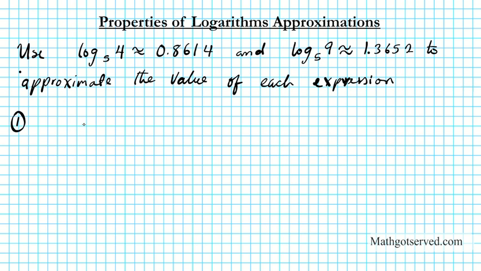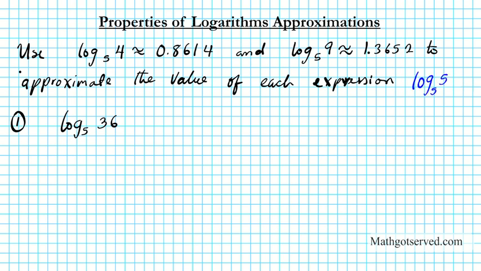What if we have log base 5 of 36? One thing I want you to note is that you have log base 5 of 4 and log base 5 of 9. There's an additional log that will not be provided, but you're soon to know it: log base 5 of 5.